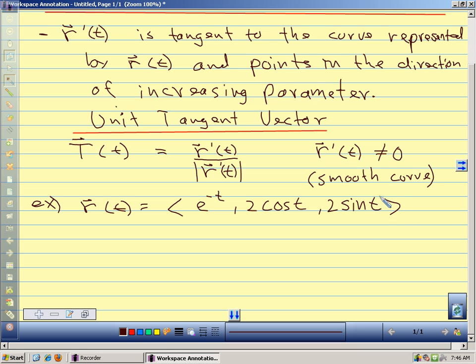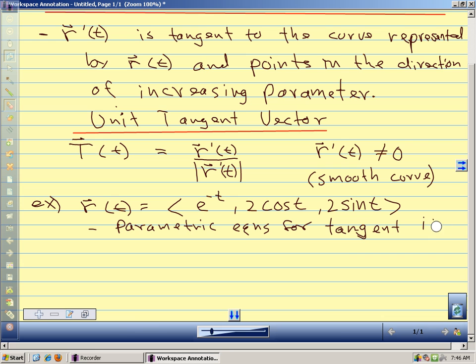We want to find a set of parametric equations for the tangent line to the graph at t0 equals 0, and we want to use this to approximate r of 0.1.